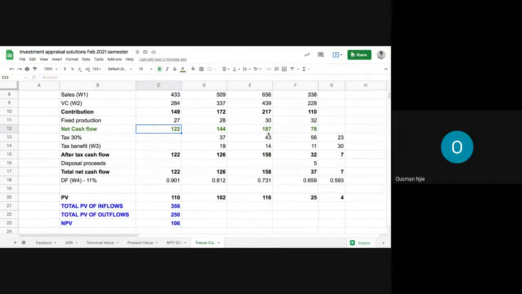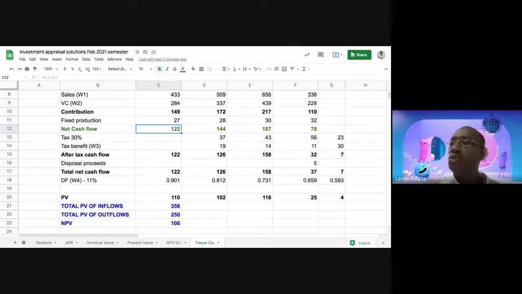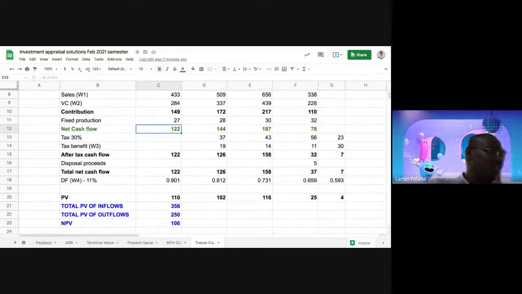So you're going to add all of them, average it, and divide it by the average investment. The average investment is the investment at the start, 250, plus the investment at the end, 5. 250 plus 5 divided by 2, and then that will be your denominator. I've already answered the question now. Don't be scared. You've done all the difficult ones.